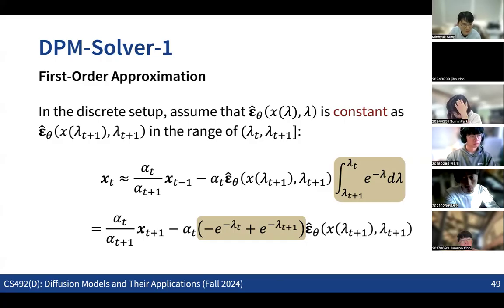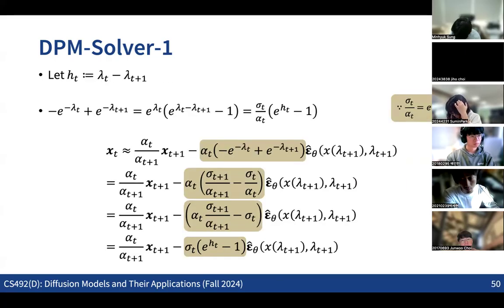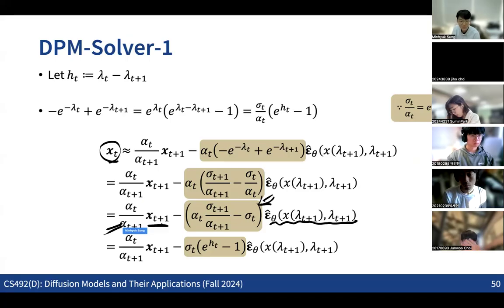After some rewriting, we can see that the noisy data point at time step t can be computed from xt plus 1 with the noise prediction, and also with a scaling term and coefficients here, which are all based on the original definitions of the diffusion models.